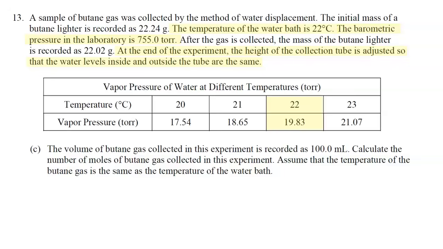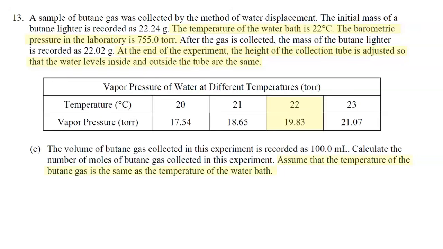Now, let's take a look at part C of this question. In part C, it says the volume of butane gas collected in this experiment is recorded as 100.0 milliliters. Calculate the number of moles of butane gas collected in this experiment. Assume that the temperature of the butane gas is the same as the temperature of the water bath. Now, if you're wondering, are we going to use the ideal gas law in this calculation? The answer is we can use the ideal gas law as long as we know 3 of the 4 variables.